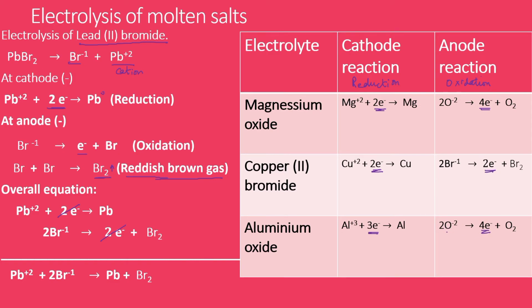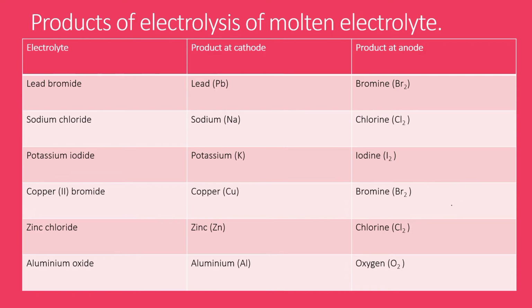And finally, you can see the products of electrolysis of molten electrolytes. We have different electrolytes like lead bromide, sodium chloride, potassium iodide, copper bromide, zinc chloride, aluminium oxide. And you can see that the metal is always formed at the cathode.